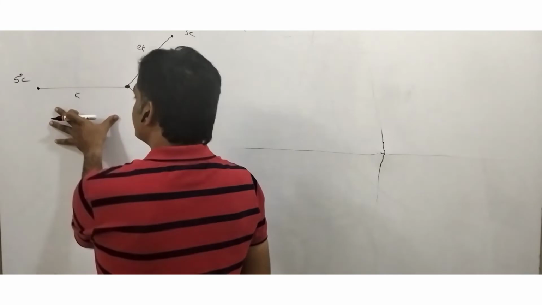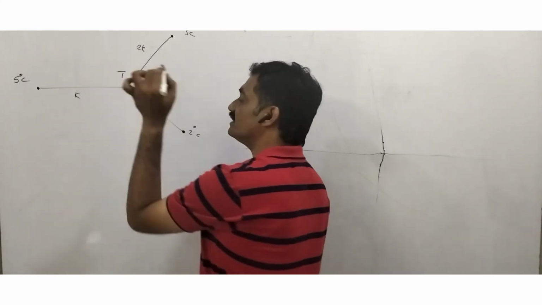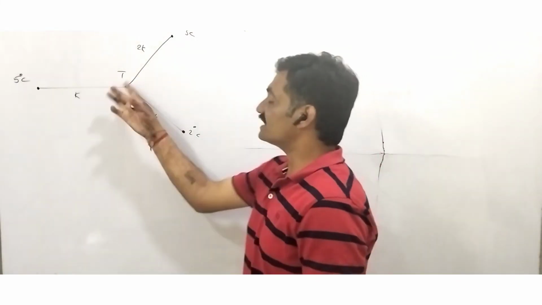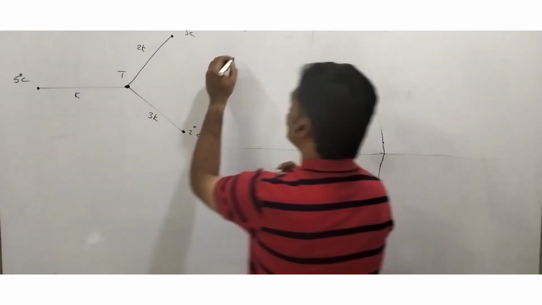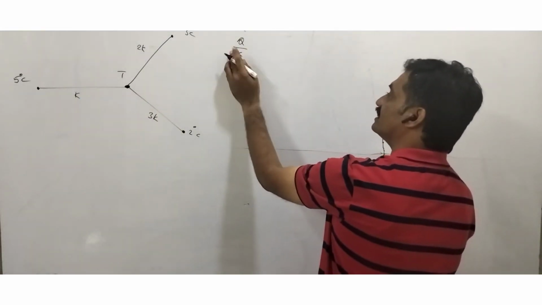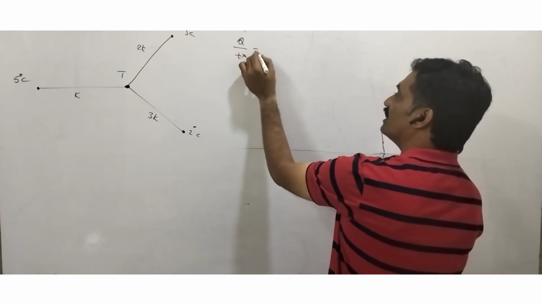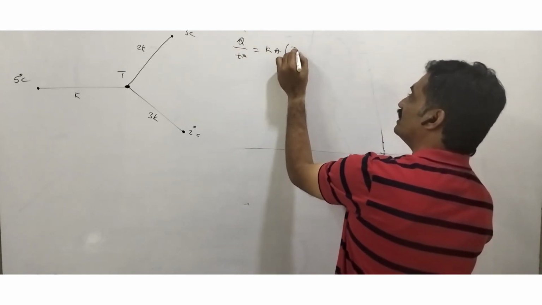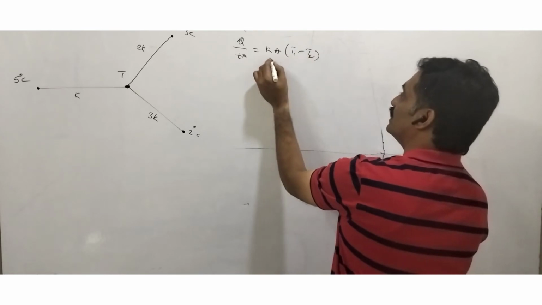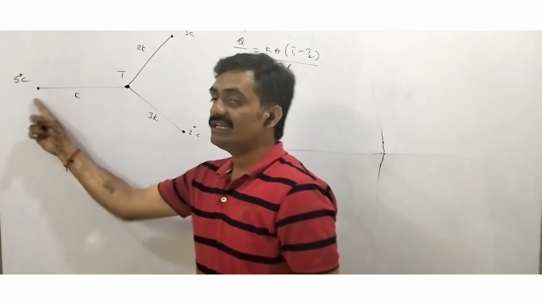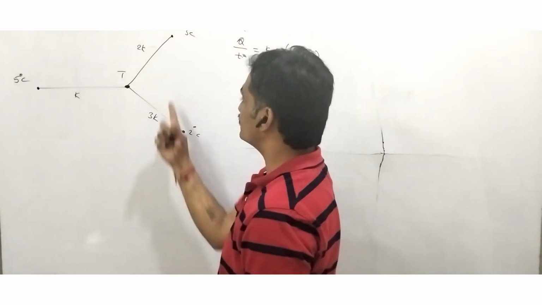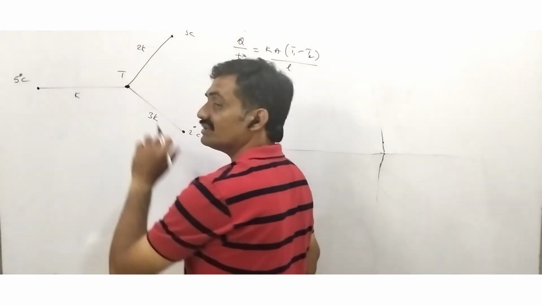Now we are going to represent the temperature at the junction. Let us consider it as T, based on the rate of flow of heat. We know that Q by t is equal to KA into (T1 minus T2) by L, where L is the length of the conductor. As you consider these three rods, they have equal length.